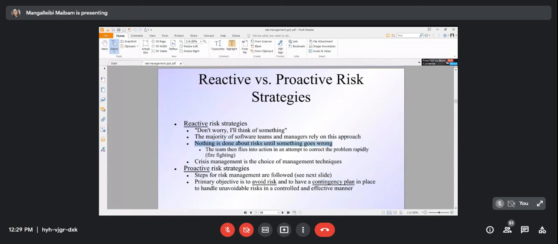In reactive strategy, we are going to react only when a problem occurs. When a problem occurs, we react to it. That kind of strategy is known as reactive risk. And in proactive risk, we have a contingency plan in order to avoid any kind of risk that might occur. That kind of strategy is known as proactive risk strategy.